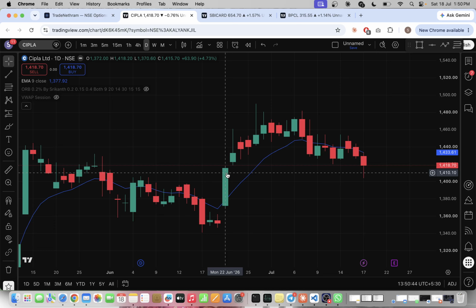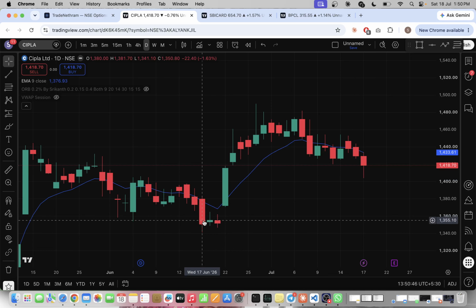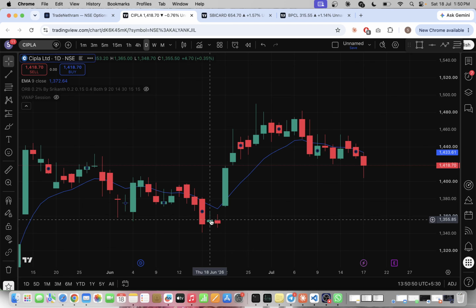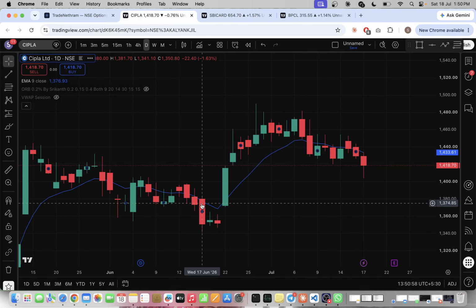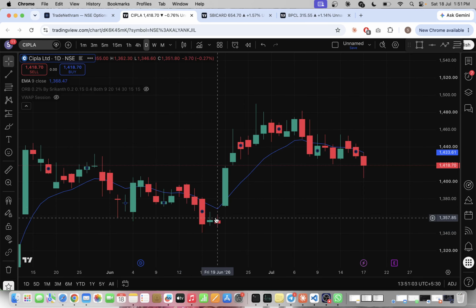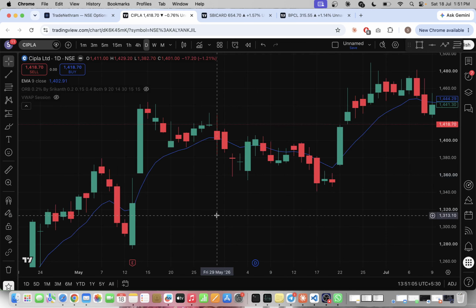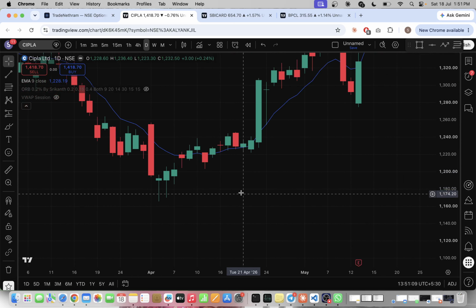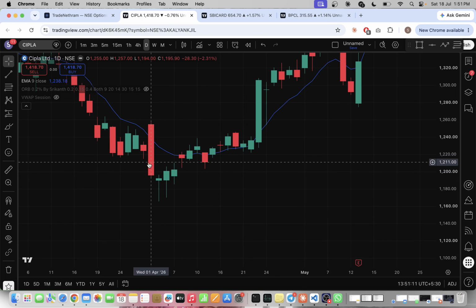Here this will not be satisfied because the previous day, a day before previous day, and even before that, these 3 candles should not even touch the 9 EMA. Here you can see this touched the 9 EMA, and this is not eligible to pass this criteria. Okay, a 9 EMA breakout should happen, but previous candles should not even touch.